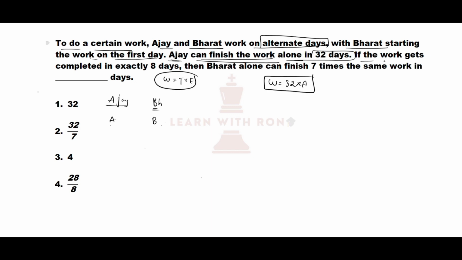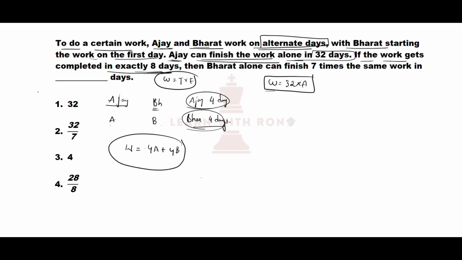And the next part, if the work gets completed in 8 days. See here, if Ajay and Bharat work on alternate days and the work is completed in 8 days, what does that mean? It means Ajay did 4 days of work, and Bharat did 4 days of work. Okay, here if we calculate work, how much time did Ajay give? 4 days with efficiency A, and how much time did Bharat give? 4 days with efficiency B. This is also work.